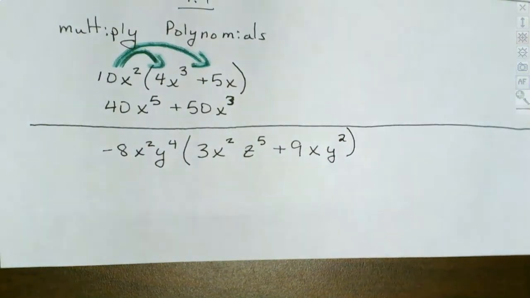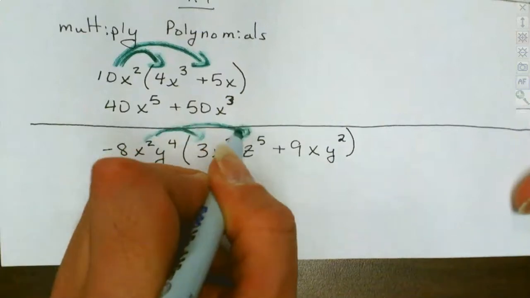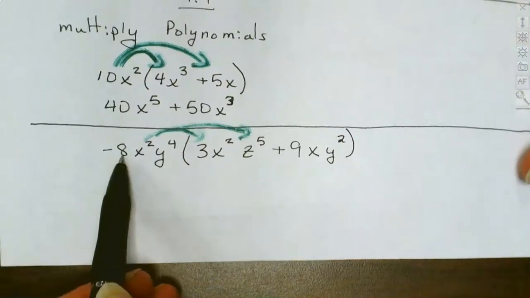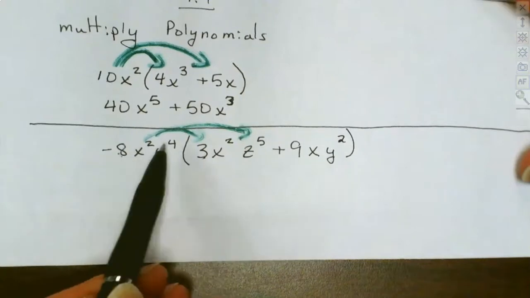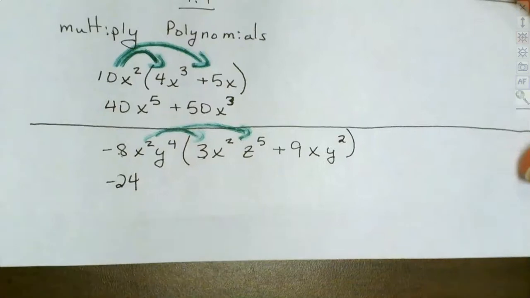These do not make them more difficult than what they are. All we are doing here is distributing through. That's it. The exponents are going to add together, and the numbers multiply. So let's go ahead and take it piece by piece. Negative 8 times positive 3. Negative 8 times a positive 3, that makes it a negative 24.